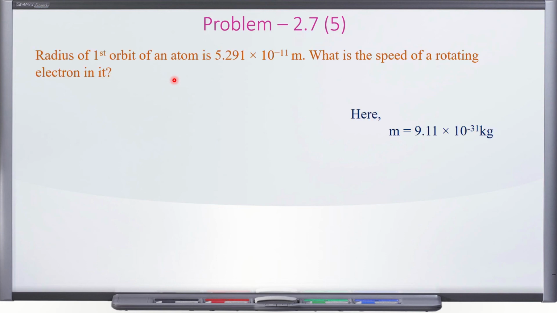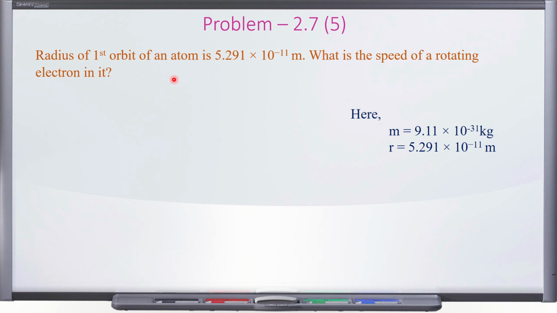Here we will use mvr equals nh by 2 pi, where m is the mass of the electron. Here no need to use CGS unit, or if you use CGS unit then also no problem. Here I am using SI unit.